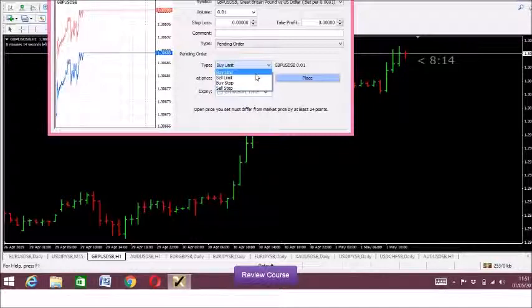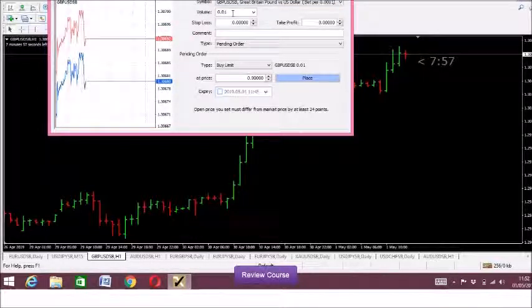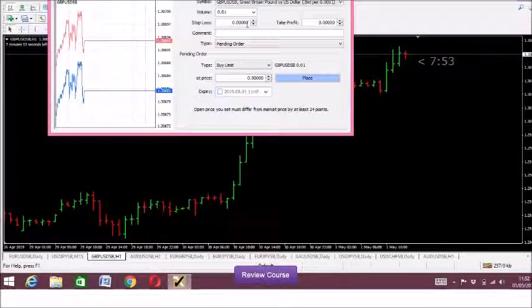This is just a quick recap here. This is the symbol, the currency pair, and this is the volume, how much money you want to trade per pip. Stop loss is very important. You've got to place your stop loss where you want to exit, either for a profit or for a loss. Take profit is normally a profit, as the name suggests.